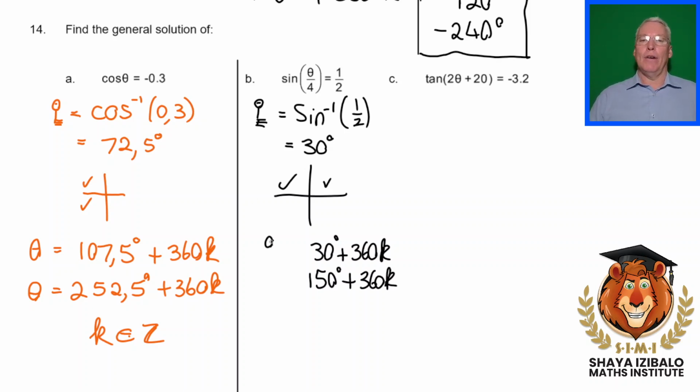Now that's not our angle. That is theta over 4. Each of these is theta over 4. Now we get theta by multiplying both sides by 4.